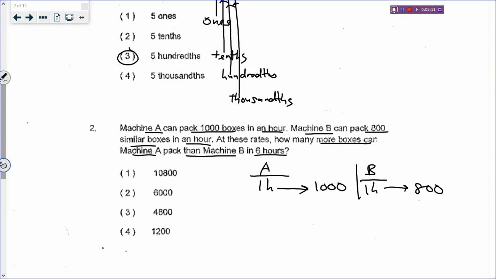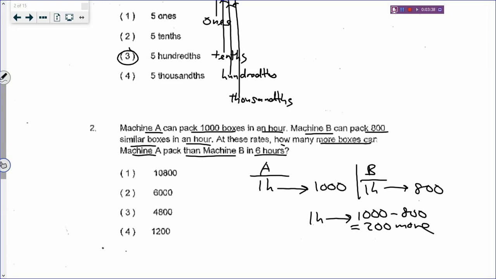So you write down on the paper, and then you can see more clearly. You want to find how many more, so you compare A and B. 1,000 minus 800, you have 200 more. So in 1 hour, machine A can pack 200 more.